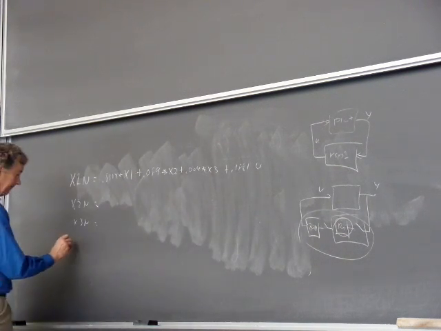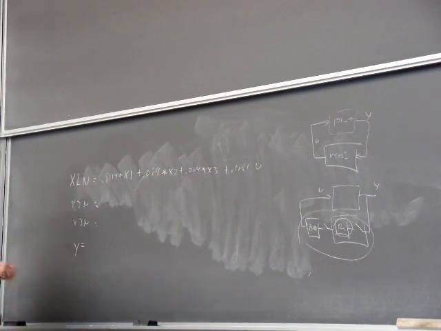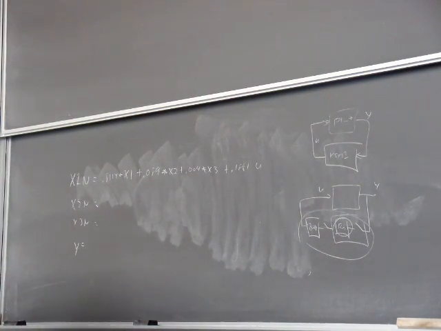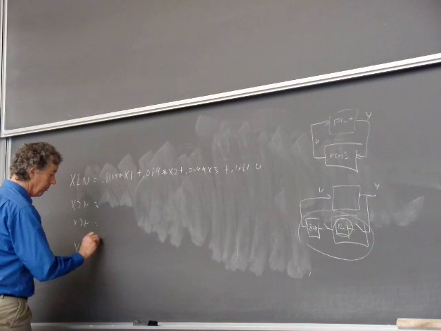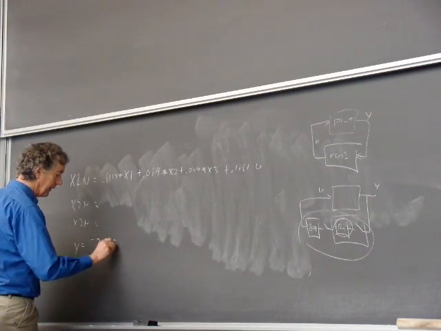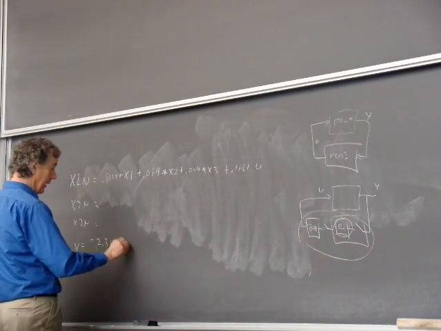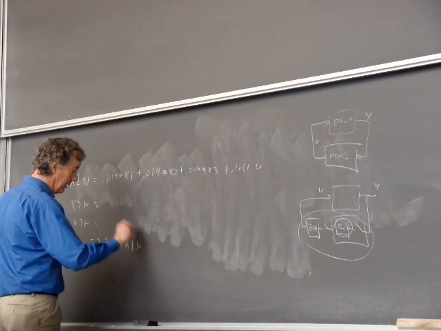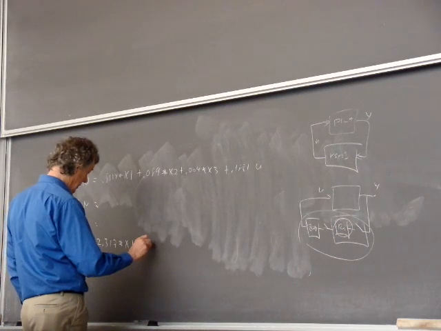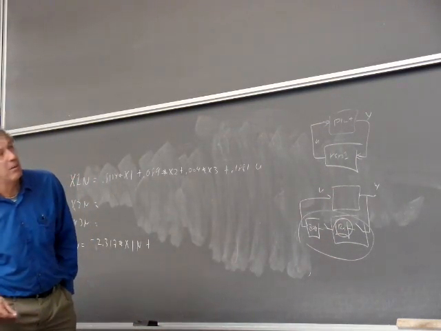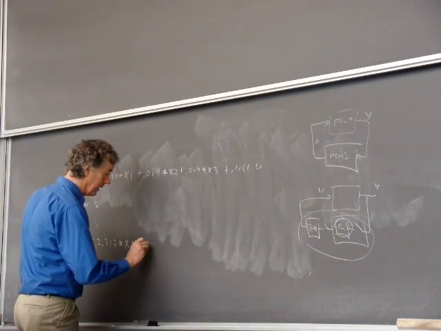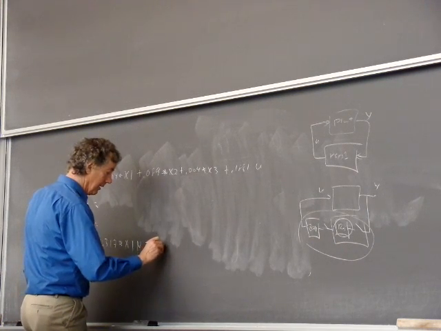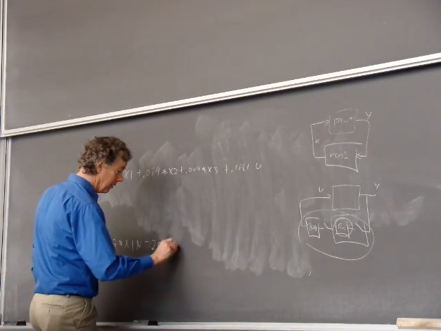Then my output, y. Well, I found this value, so it's minus 2.3, whatever it is, times x1, plus minus 2.3 times x2.